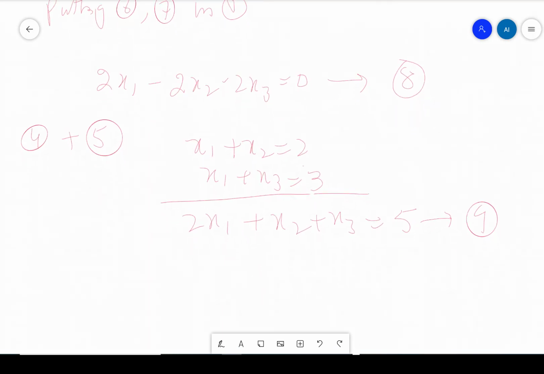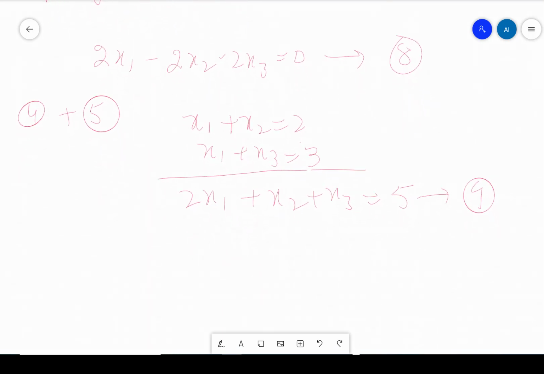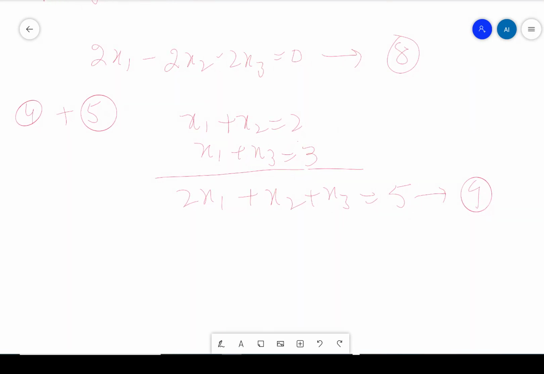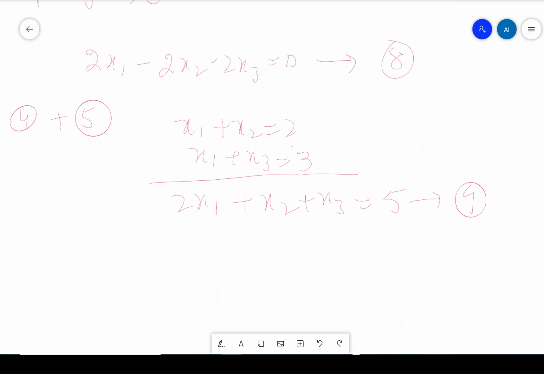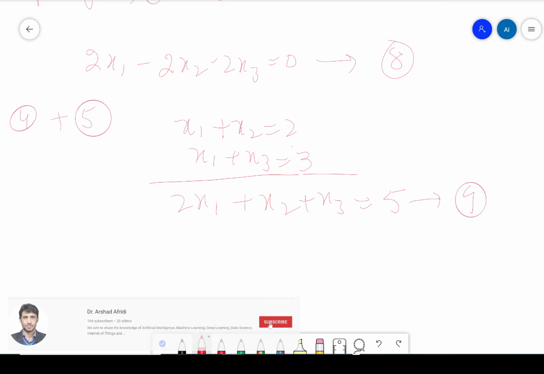Now let's add equation 8 to 2 times equation number 9.